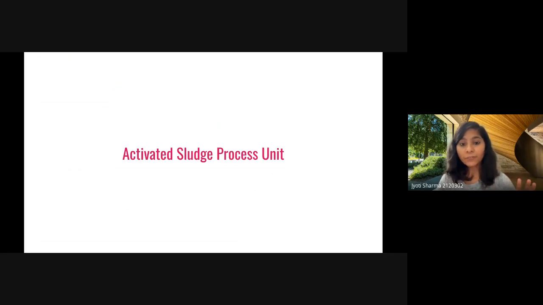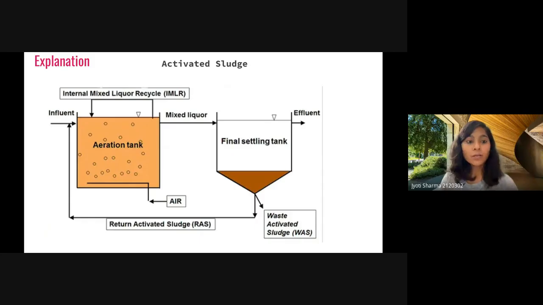Okay, so the first part is the activated sludge process, and let me give you a little introduction. We have some polluted water coming from, let's say, some pipe.